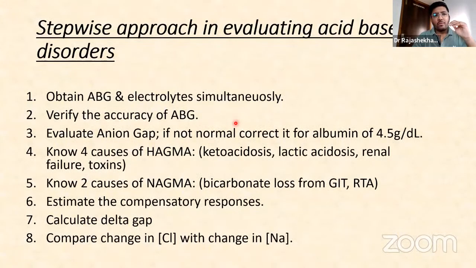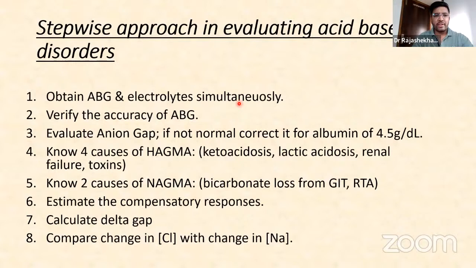To have a stepwise approach in evaluating acid-base disorders, we should know how to proceed with the assessment. First, always obtain the ABG and electrolytes simultaneously to check the validity. Some values you will get in both the electrolyte report and the ABG report, for example bicarbonate, so you can check the accuracy.